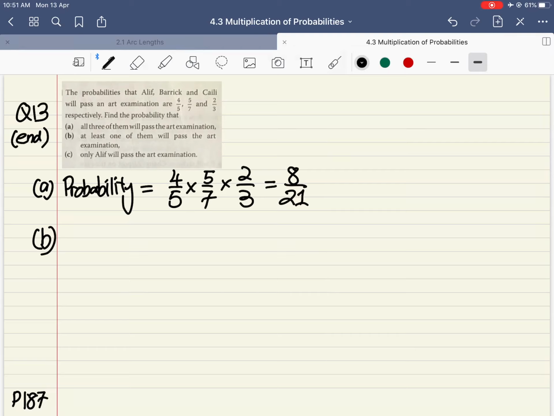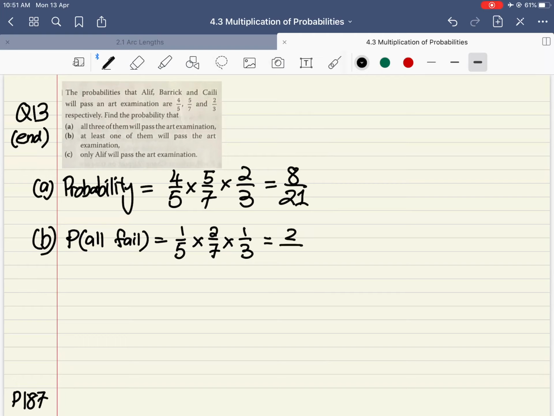Okay, now the next one is at least one of them will pass the art examination. There's only one possibility that I don't want out of all possibilities, and that possibility is all fail. Alif fails is 1/5, Barik fails is 2/7, and Kylie fails is 1/3.